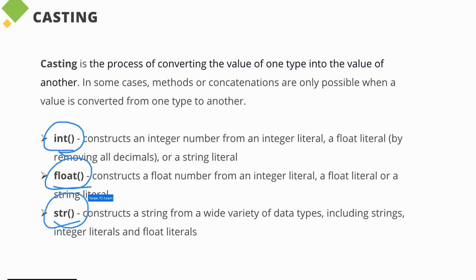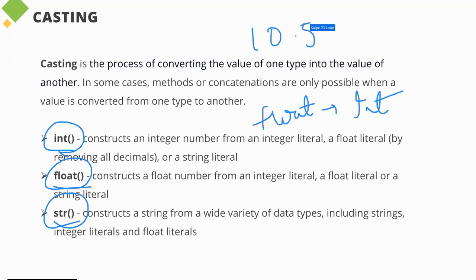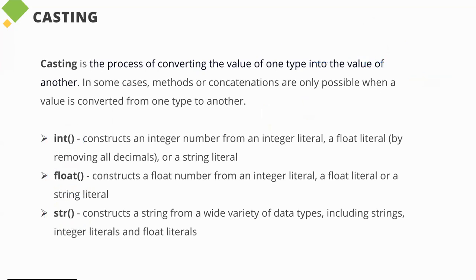We can also convert from float to int. Say the variable is 10.50. If we convert it into int, it gives 10. The decimal part got truncated. It results in the loss of value. So we mostly won't use conversion from high order type to low order type. We generally convert low order type to high order type.